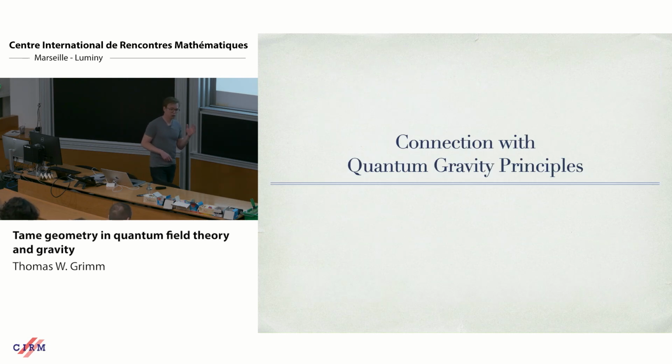So what I want to do in the last 15 minutes of the talk is explain why there is increasing evidence that this is actually true, that if you demand that your quantum field theory can be coupled to quantum gravity, then it has better tameness properties. Okay?